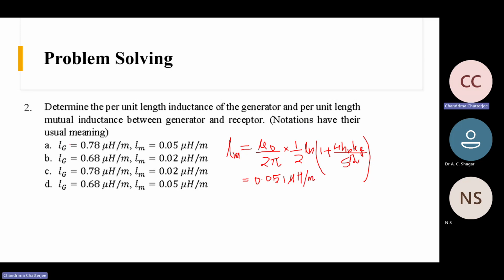So the correct option is option A. Okay.